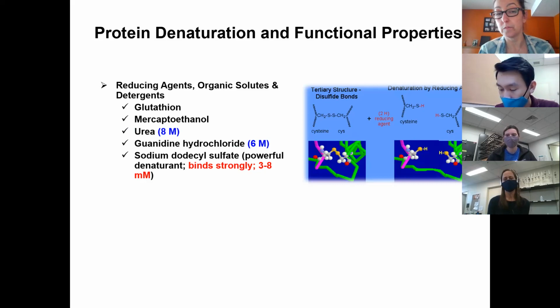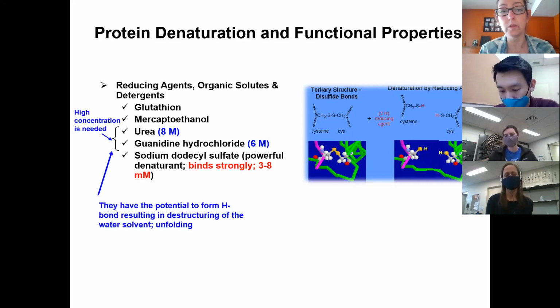They bind strongly to the protein, form hydrogen bonds, and destructure the water around the protein itself. And sodium dodecyl sulfate breaks down non-covalent interactions and binds strongly. It's a very powerful denaturant, and denaturation in the presence of SDS would be irreversible.